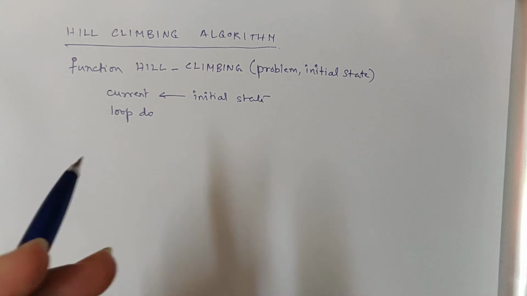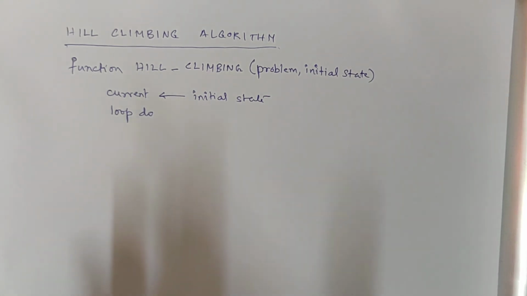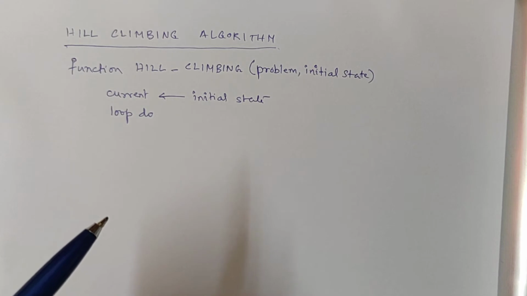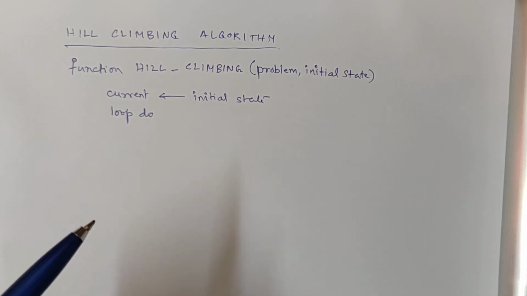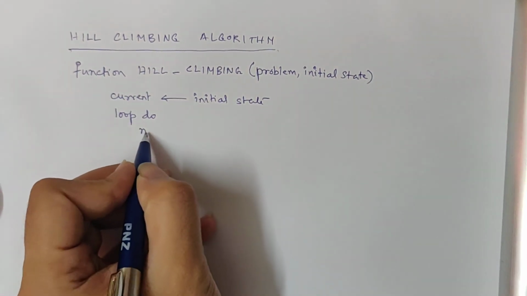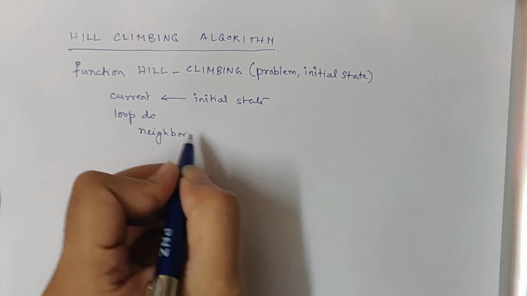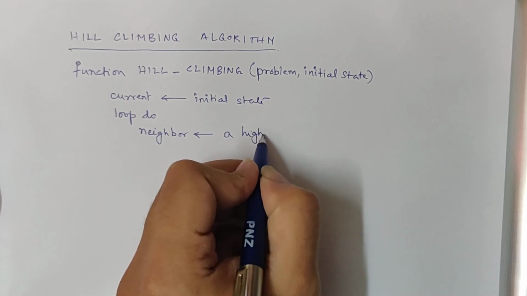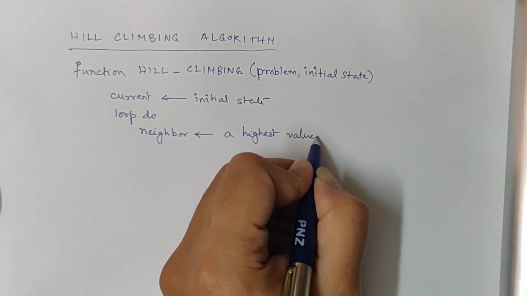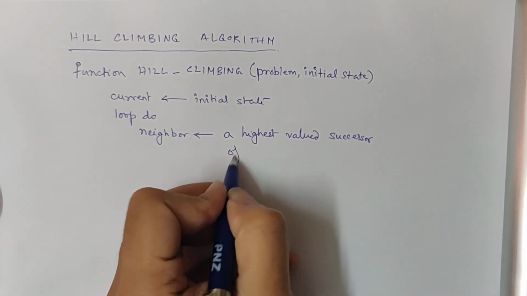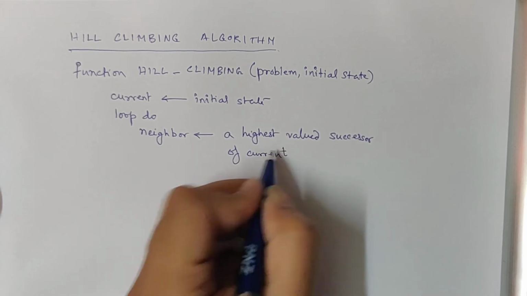and then of all the possible successor nodes I have generated, I choose that node which has the highest value of the objective function. So in one line I can write, I take as neighbor a highest valued successor of current.